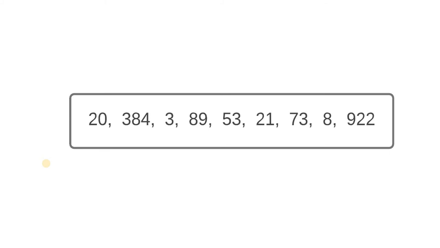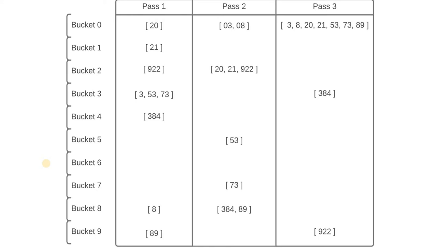Our code looks something like index, where index is a variable, is equal to 20 mod 10. It's a bit more complicated than that, but we'll get more into that later. Now you can see clearly in this pass table that the value 20, at the very top, is in bucket 0.